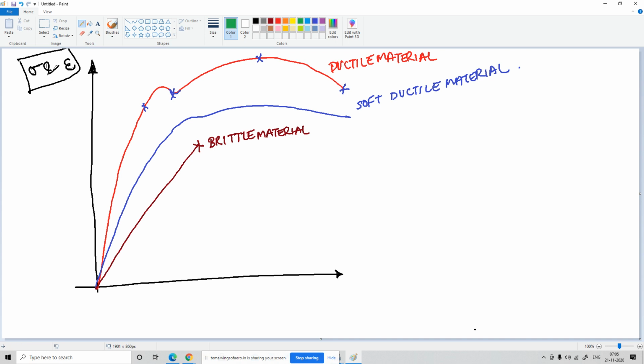Next we have the plastic material. First it will go with a smooth curve, and gradually after some point we'll have a straight line. That defines a plastic material.